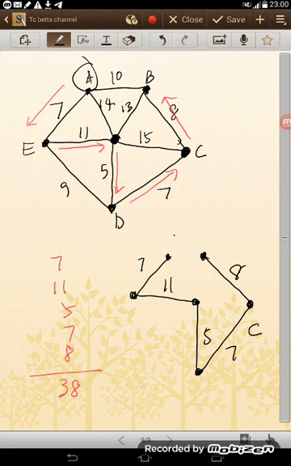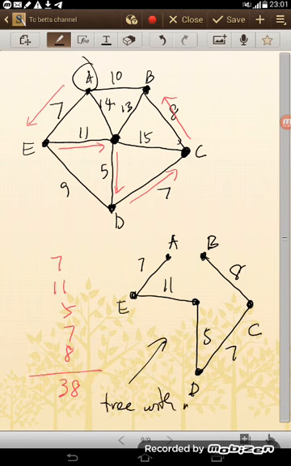So you label A, E, D, C, and B. So this is the tree, yeah, with minimum weight.